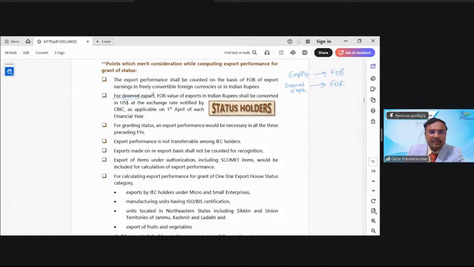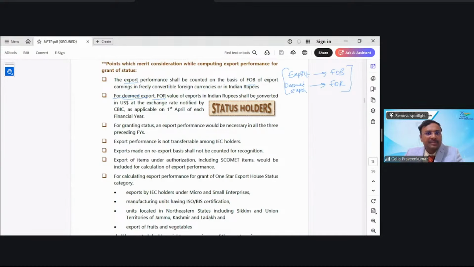For deemed exports, FOR. For normal exports, FOB. Again, in examination, computation of your threshold, they'll give you FOB, they'll give you FOR. For exports, keep in mind FOB value.